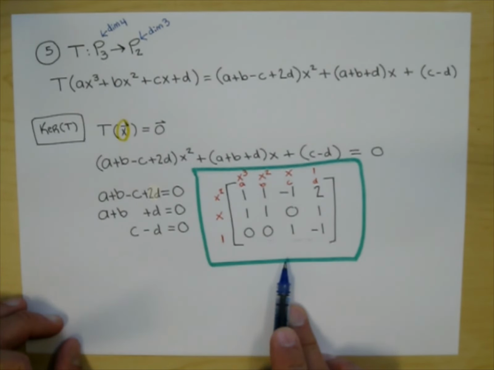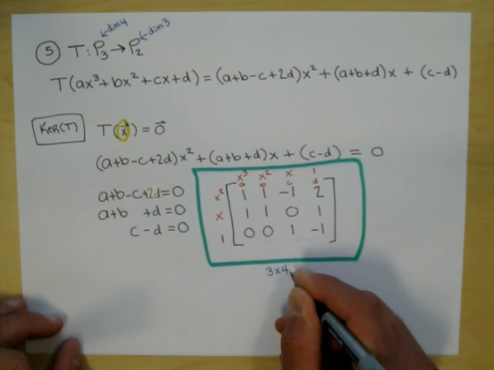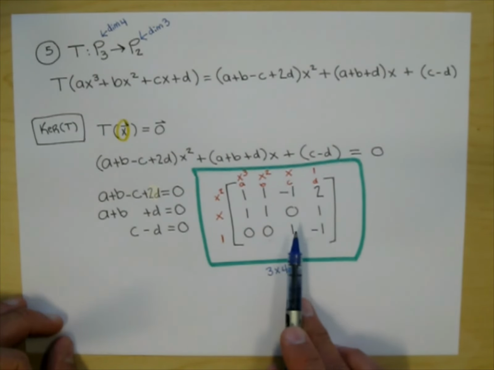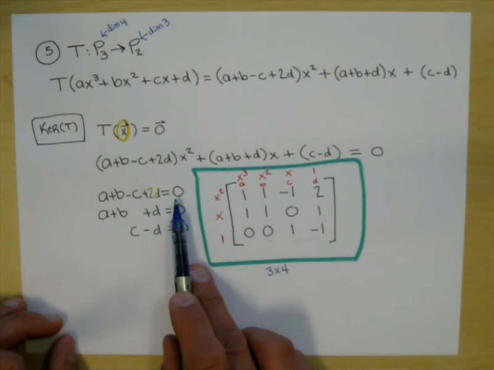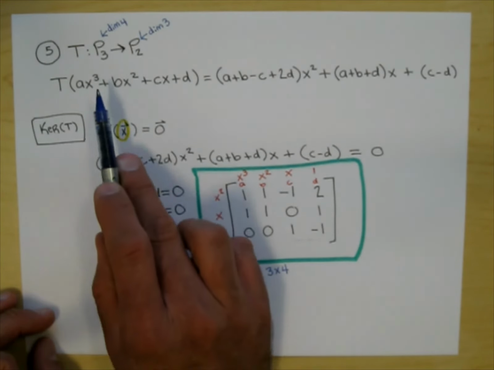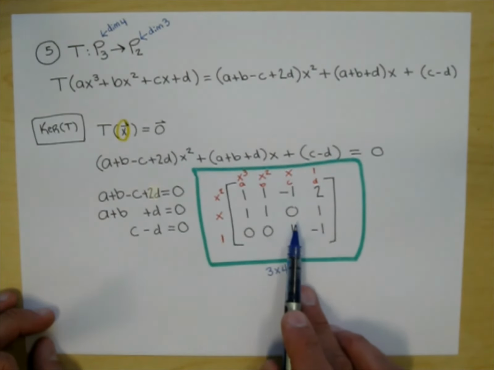It's not 4 by 3, but it's what? 3 by 4. So this matrix seems kind of important. We are actually finding what on this matrix? The null space of the matrix. Isn't that what we were trying to find on a matrix on the other problems that involved Rn and Rm? We try to find the null space of a matrix.